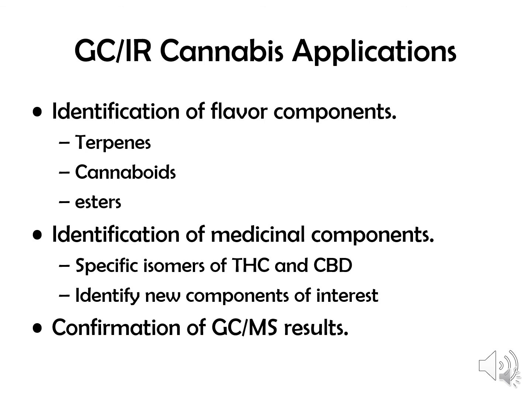On the other hand, it's also going to be true for the medicinal components, specific isomers for the THC and the CBD, and you can identify compounds of new interest. GCIR gives you another dimension, another thing to look at, a confirmation of the results you get by GCMS, or things you might miss by just using GCMS.